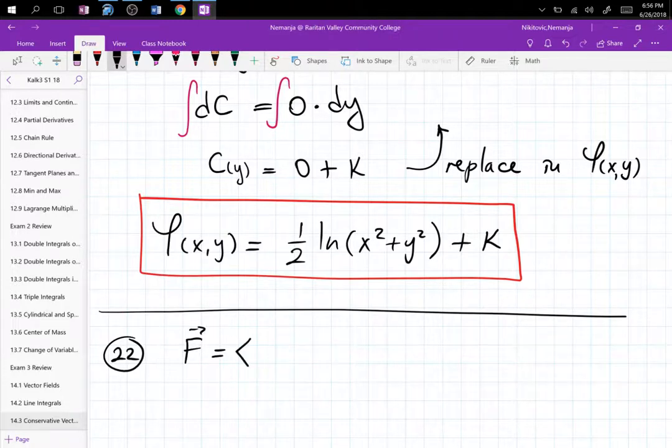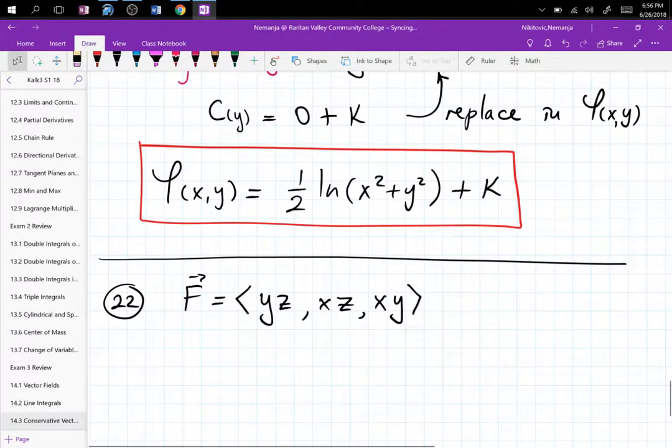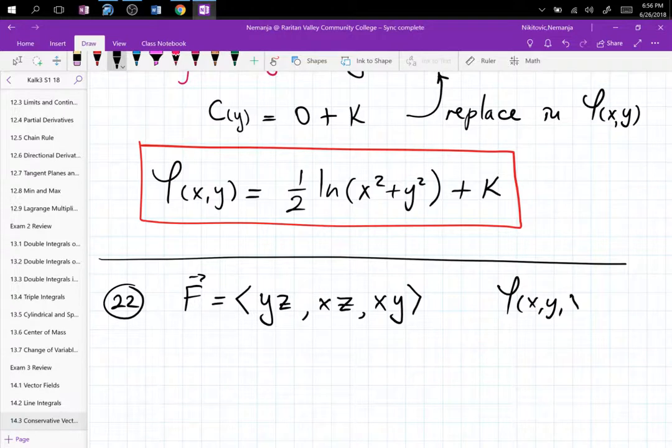A vector field is given as yz, xz, xy. What is the potential function phi of x, y, z, which would generate this field?